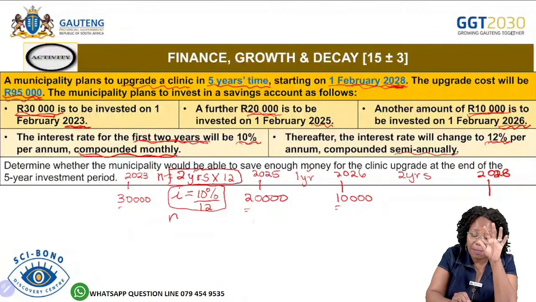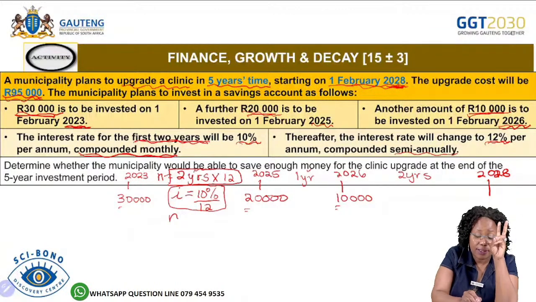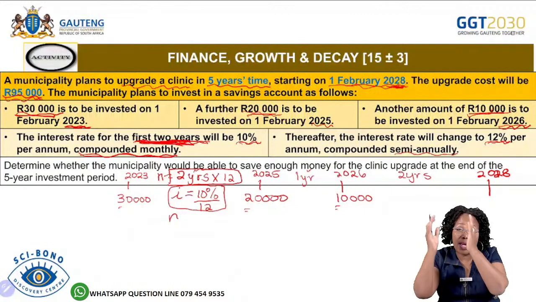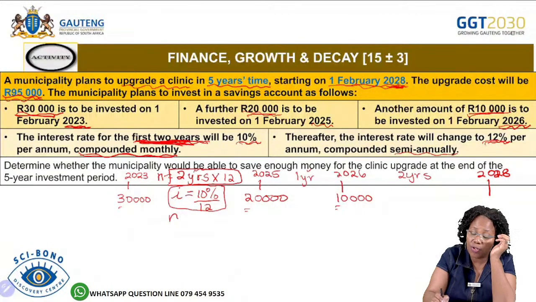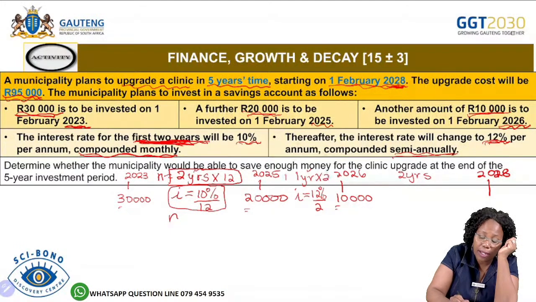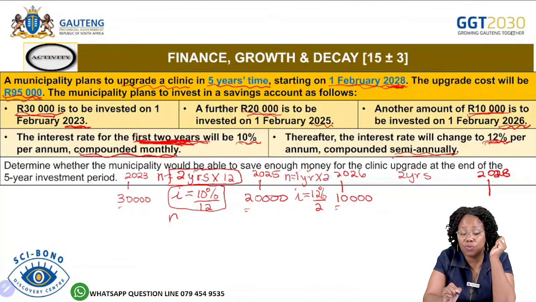And then now remember, after 2 years, the interest rate is changing. So for the remaining, the 1 year and the 2 years, it is now taking a 12% interest rate. Now let's look at that. For this one, i will be equal to 12%, but it is compounded semi-annually. That means it's divided by 2. So also 1 year will be multiplied by 2, okay? And then n is equal to 1 times 2 there.